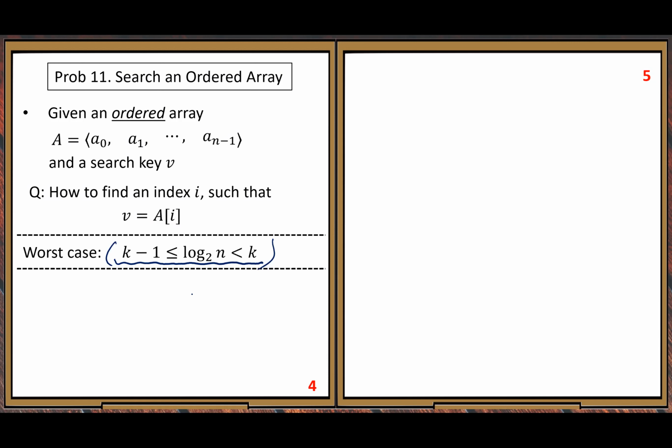But when we use inequality, that means there is still some room for k, right? The k could be in a range. So that expression we still feel is not quite accurate or precise.